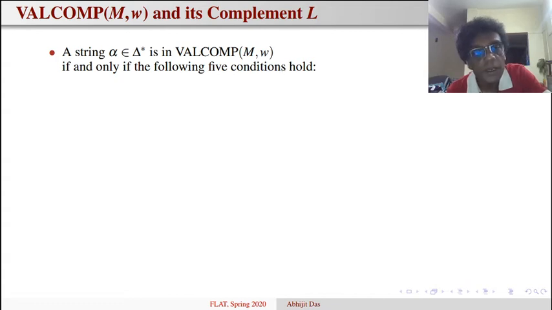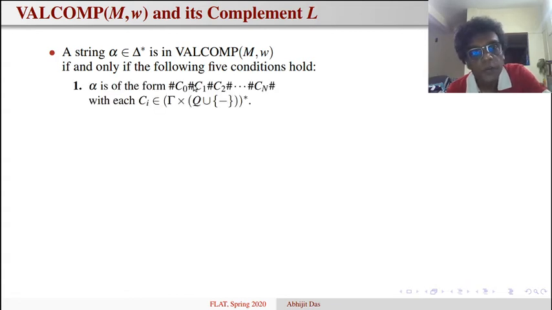Let us see. First, it must be of this form: hash C0 hash C1 hash C2 and so on up to Cn hash, for some n greater than or equal to 0. And each Ci is hash free. It consists of pairs, like a tape symbol on the top track and either a state or minus on the bottom track.